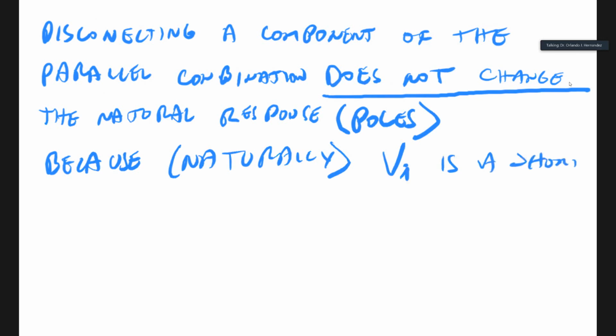That's how we compute the natural response. We basically substitute the sources by their internal impedance.